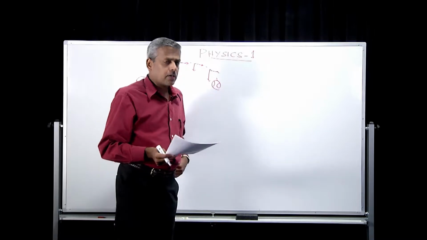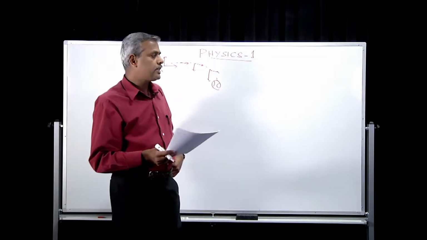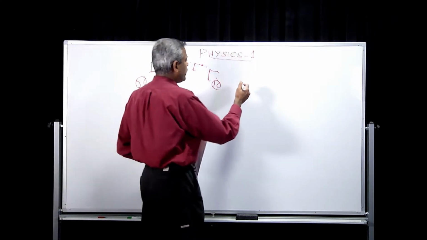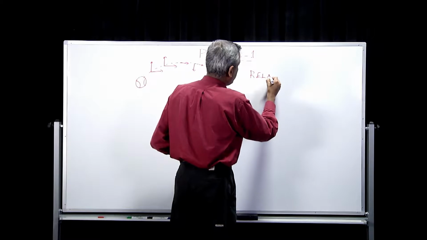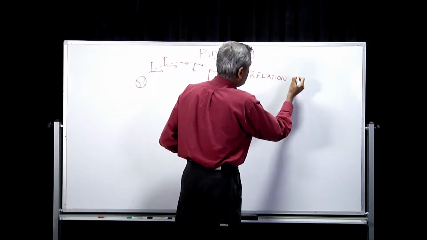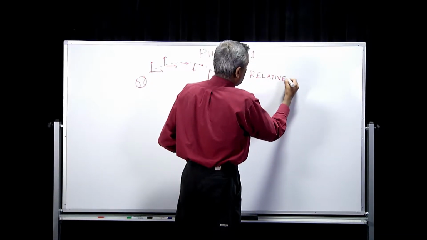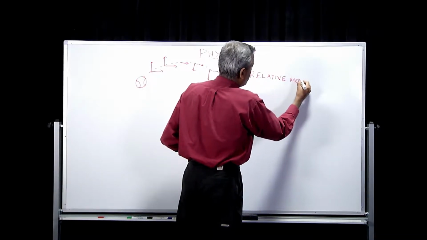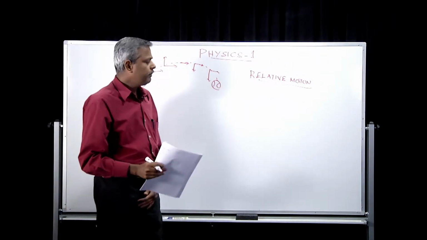Before getting to circular motion, I would like to give another concept which is often referred to as relative motion. You know, you can make the motion linear or circular, but that should be with respect to what? So, there is a relation, or relative motion.